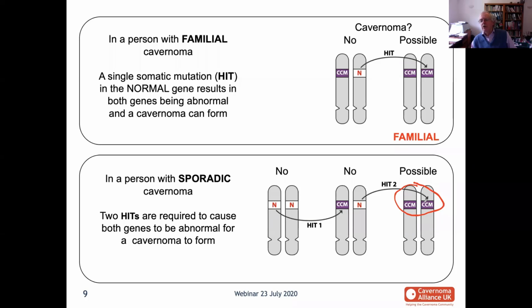In other words, if you get a Cavernoma, that will be because a particular blood capillary cell has been mutated, had both of these formed like this, but there's no way that passes on to your children, because it's only through your sperm or egg that the children will pick up the mutation. Does that make sense?